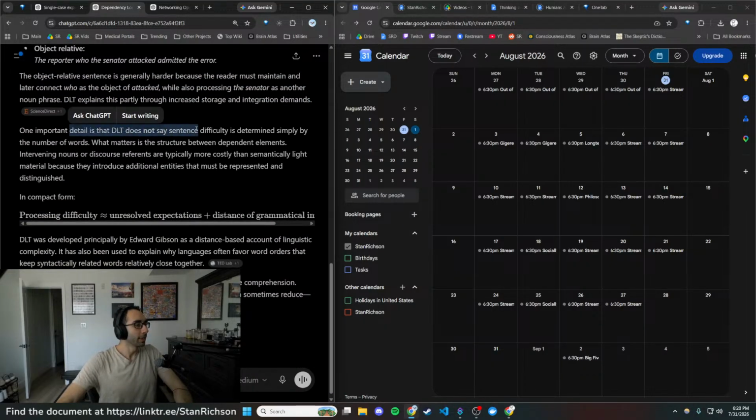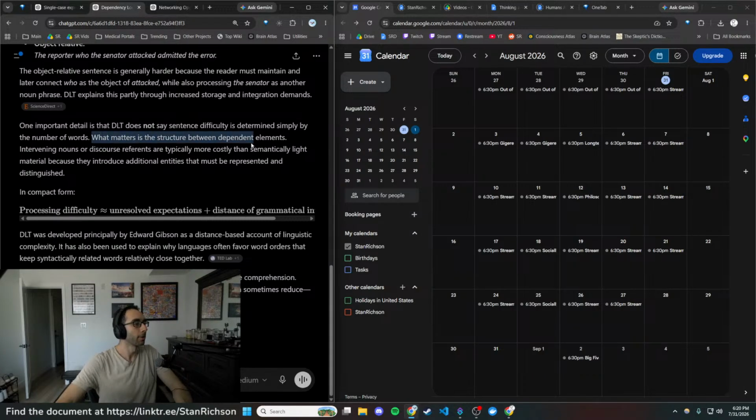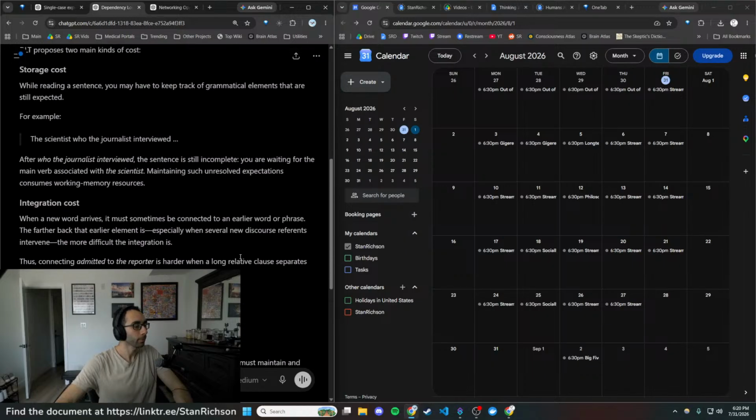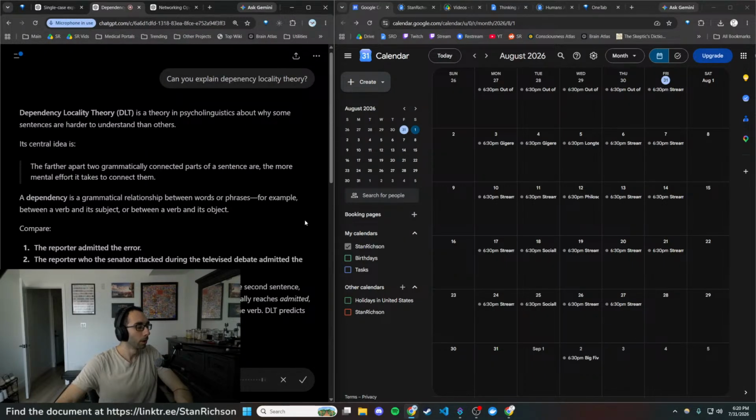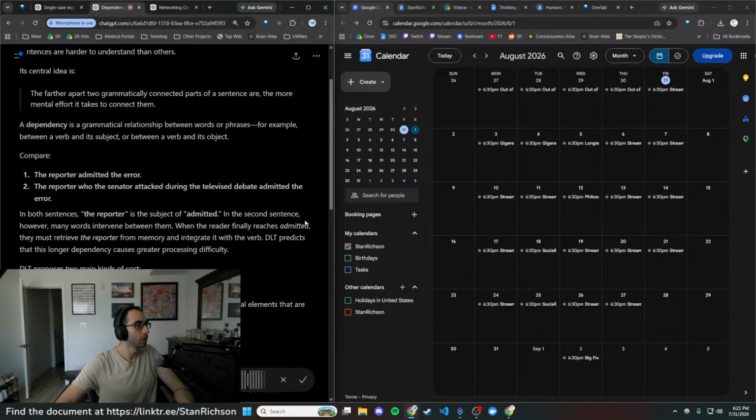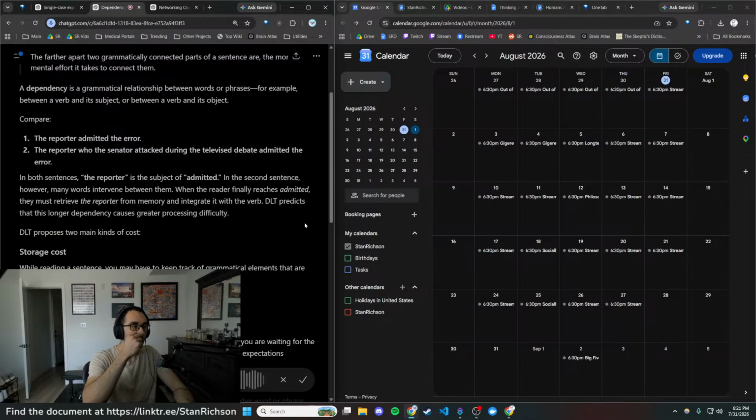All right, one important detail is that DLT does not say sentence difficulty is determined simply by the number of words. What matters is the structure. Okay, so then how does this manage the balance between the salience introduced when you provide a little bit extra information versus the added difficulty in parsing or keeping up with a sentence?